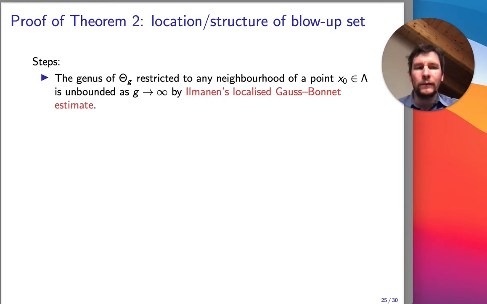So say second fundamental form squared integrated over a small ball, and you make the size of the ball smaller and smaller. That is very large. Then by a Gauss-Bonnet argument, the genus inside that ball must also be very large. Okay.